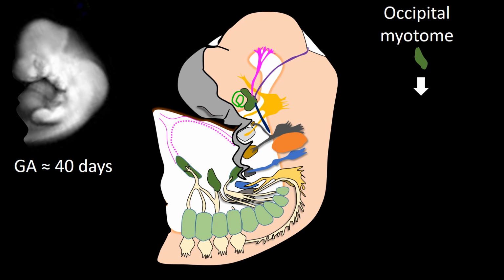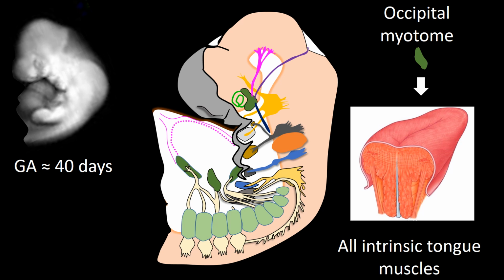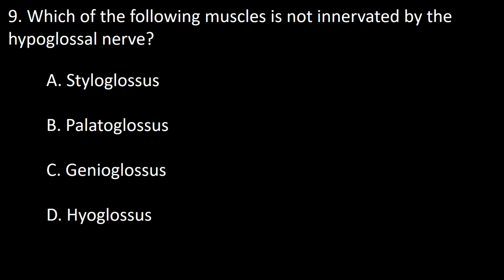From the occipital myotome, constituted by somatic mesenchyma, derive all muscles with glossus in their name, except for the palatoglossus. These muscles, as well as all intrinsic tongue muscles, are derived from the occipital myotome and innervated by the hypoglossal nerve. So the answer to this question is B.